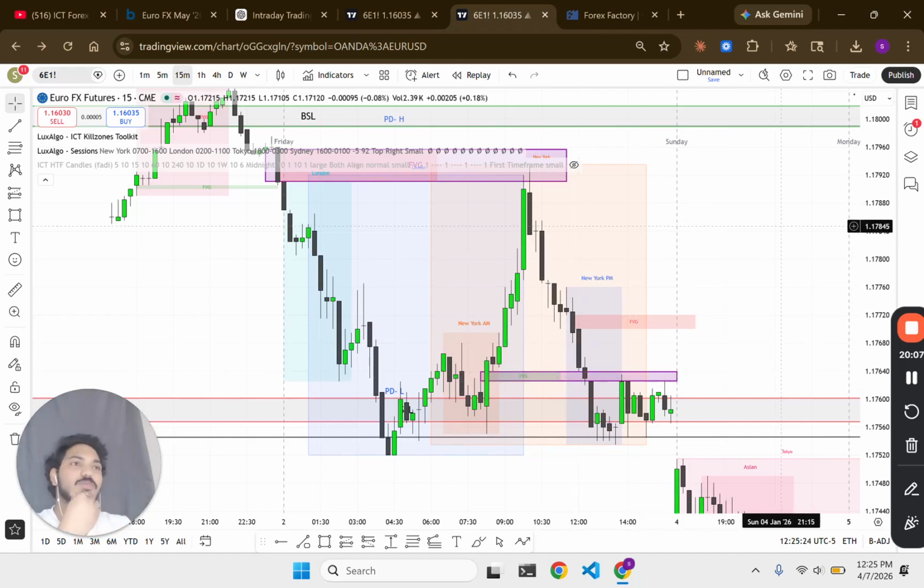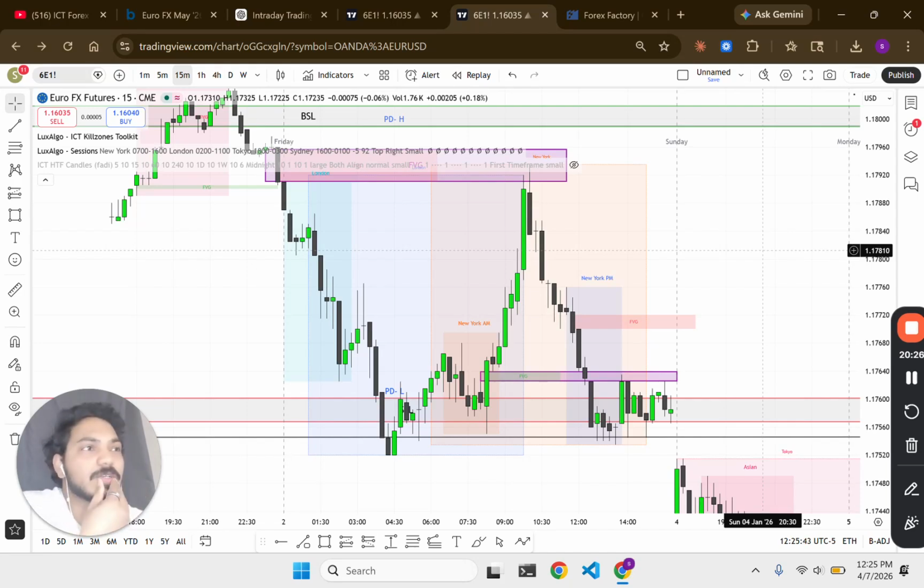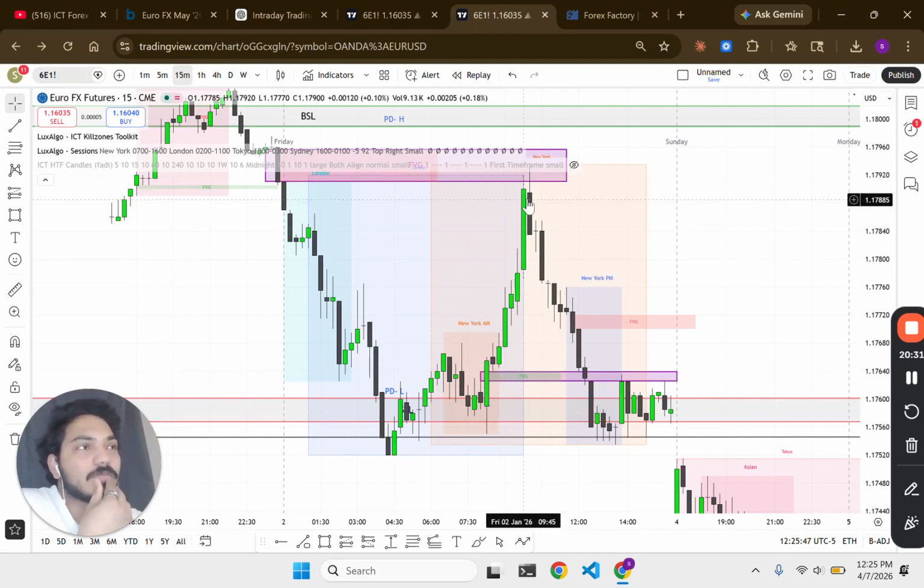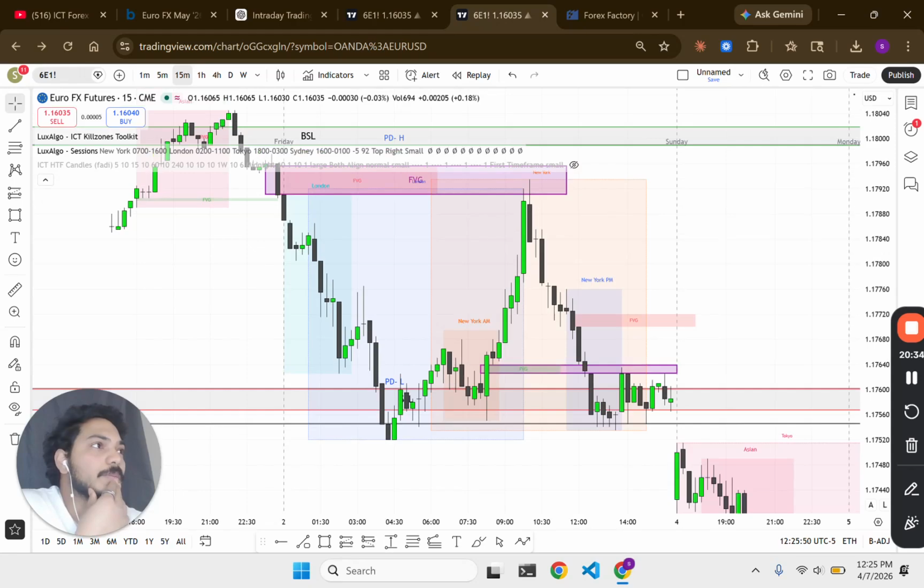The London close session is, in most cases, where you see retracements from the New York Open, because all of the orders, they try to close the buy or sell orders. In this case, they just sell off all the orders to make the money.